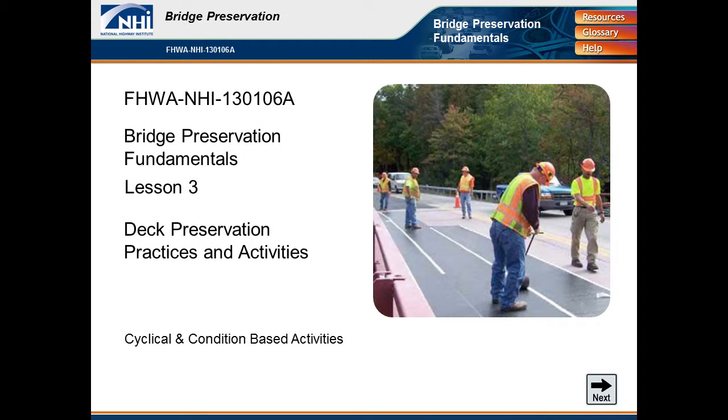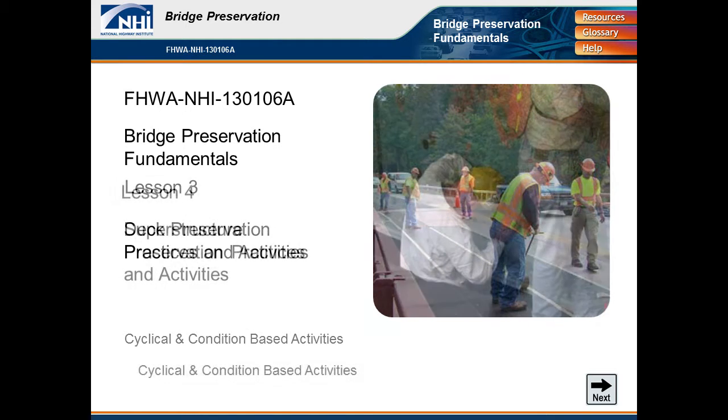We'll talk about that. Then we go into actually talking about preservation activities. This is still part of the fundamentals, right? We basically break it down into your main components. We talk about deck preservation, and it's all based on cyclical and condition-based activities. So when you work your way through the program, you're looking at what you can do cyclically, just set it up on a rotating basis, and then what you would do based on when you find a problem out there.